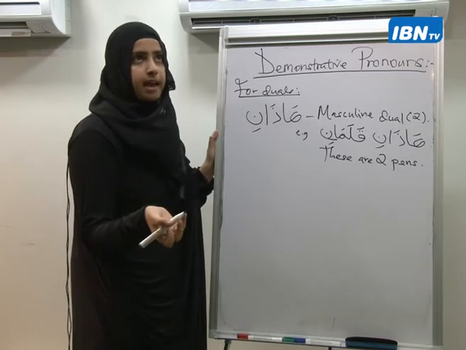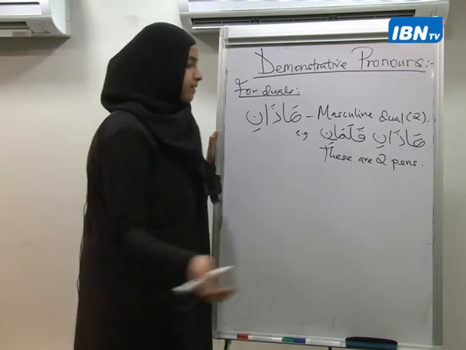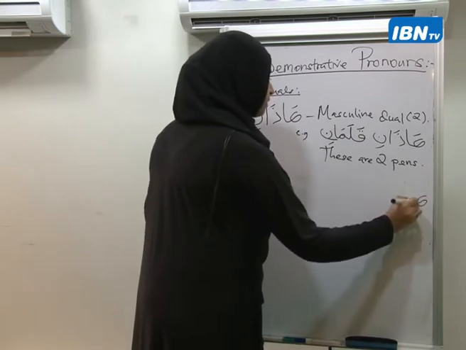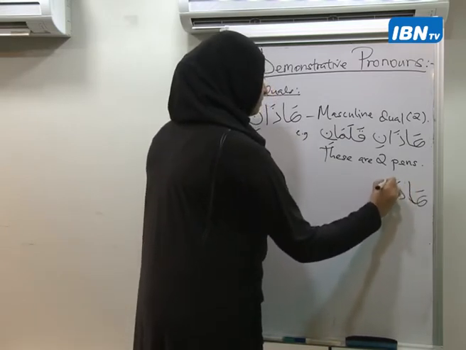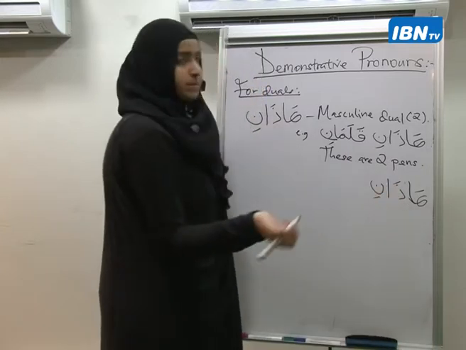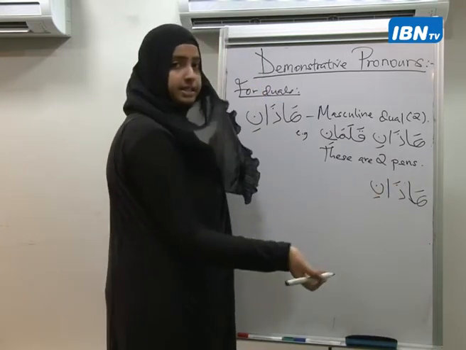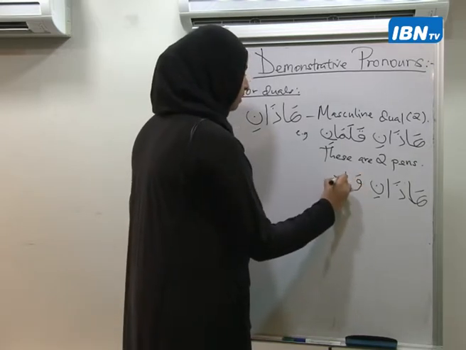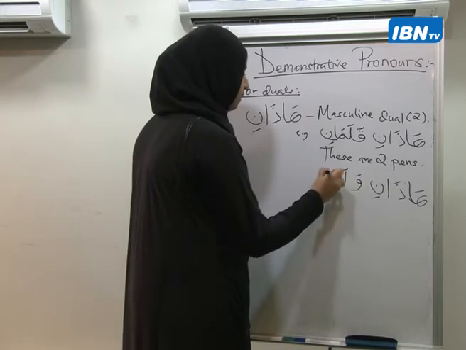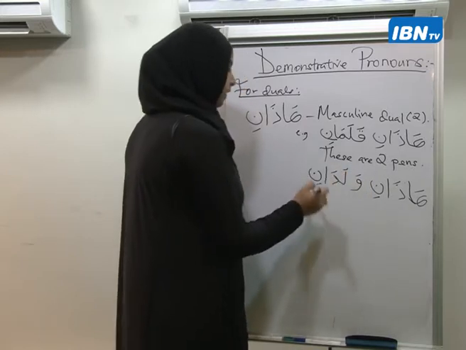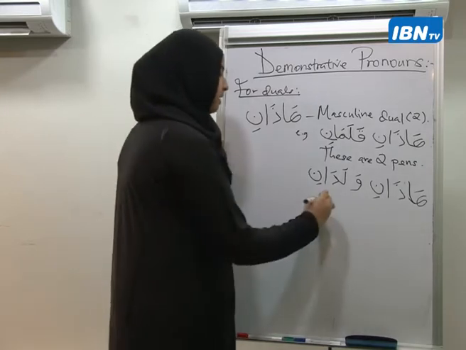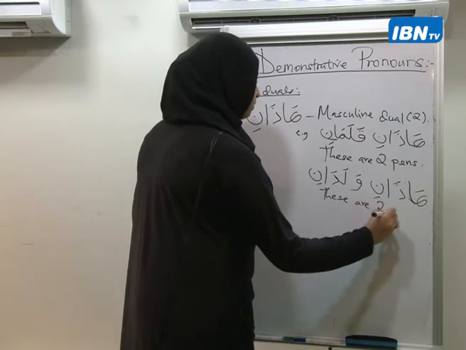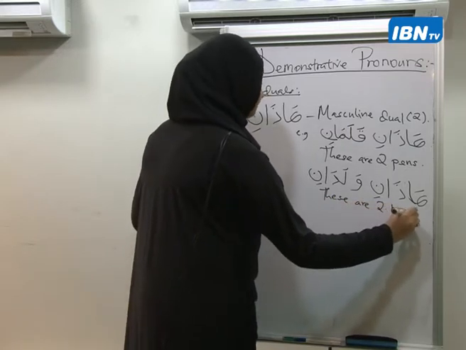What if I want to say these are 2 boys? So I will say hadhani, since it's for the masculine. And we said boy means waladun, so it will be converted into waladani just by adding an alif and a nun kasra at the end. So hadhani waladani, which means these are 2 boys.